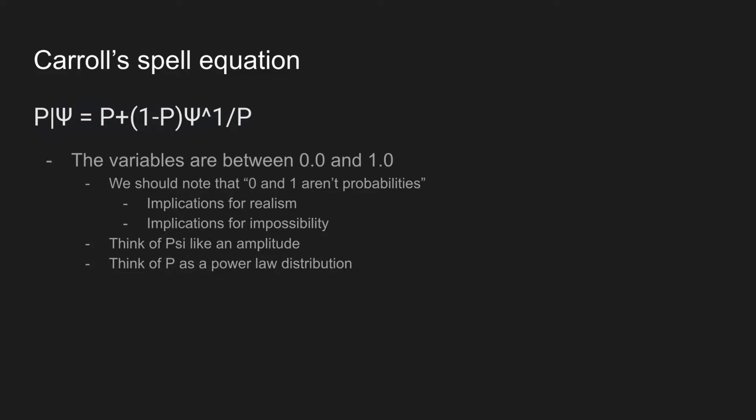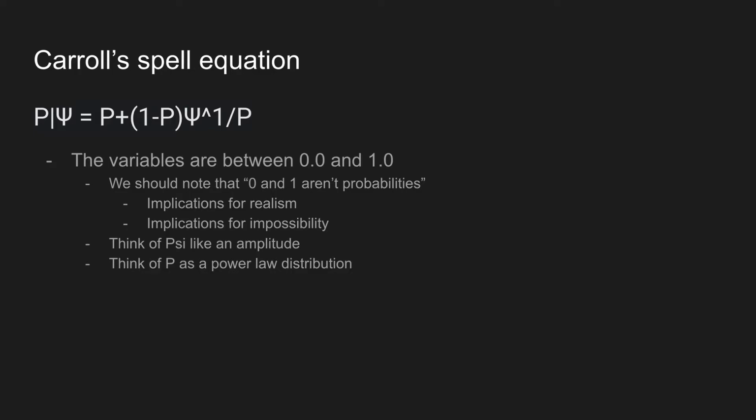So the function that we're talking about is this, and this isn't the most beautiful way to write it out. I'm not great at writing out things in mathematical notation on Google presentation, but this is his spell equation. He also provides the anti-spell equation. So you're either trying to make something happen or trying to make something not happen. I'm going to focus on trying to make something happen.